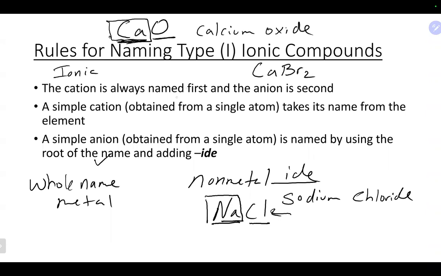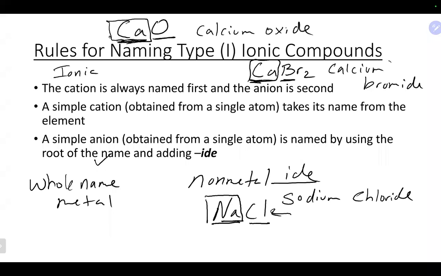CaBr2 would be what? It would be calcium bromide, IDE. Once again, calcium is a metal, Br is a non-metal. As we just talked about with the one above there, calcium is group number 2, which means it has a fixed charge.